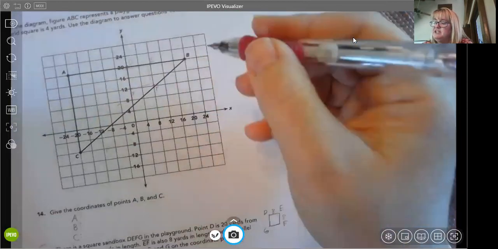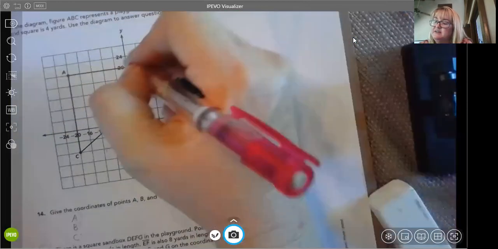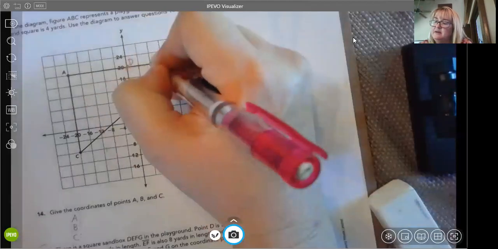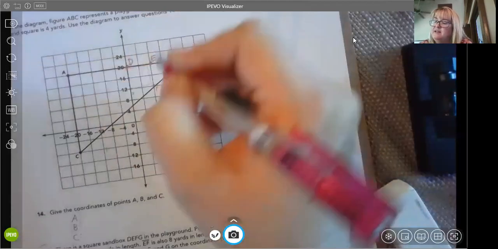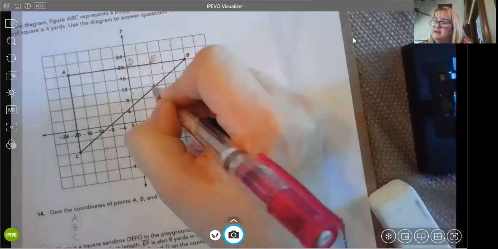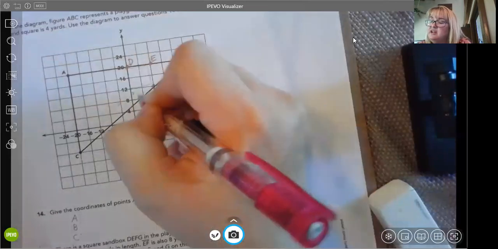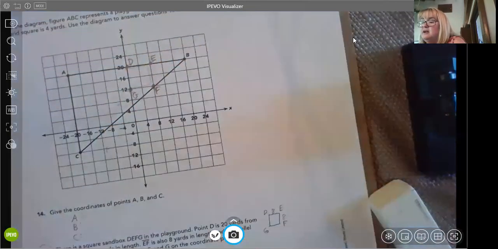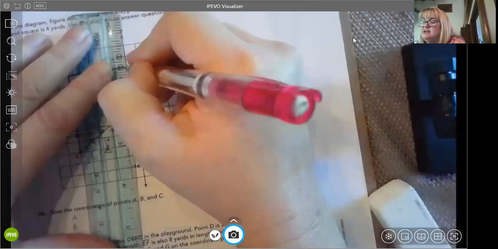Plot and label points DEFG. So D is here, E is here, F is here, and G would be here. And there is our square sandbox. It's 2 units.